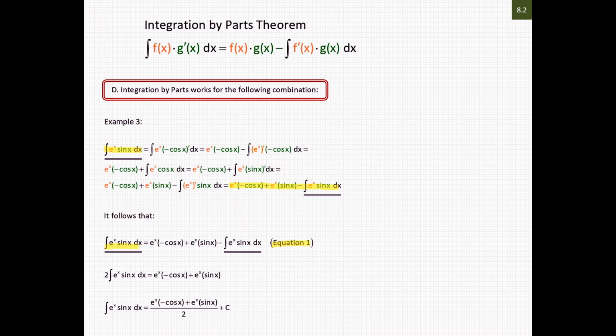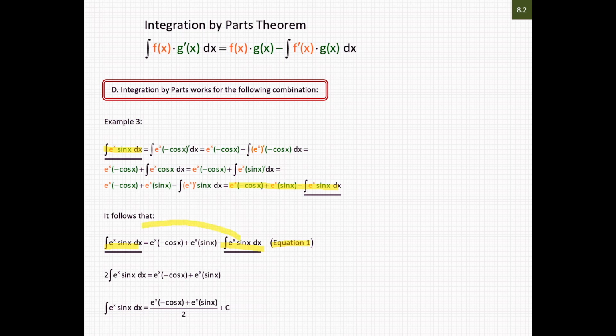So when the indefinite integral we need to evaluate shows up in both sides of the equation, move the one on the right side to the left side of the equation.